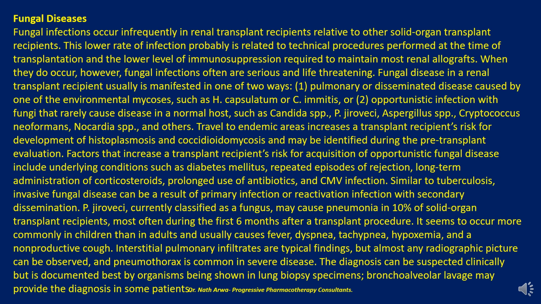Interstitial pulmonary infiltrates are typical findings, but almost any radiographic picture can be observed, and pneumothorax is common in severe disease. The diagnosis can be suspected clinically but is documented best by organisms being shown in lung biopsy specimens. Bronchoalveolar lavage may provide the diagnosis in some patients.